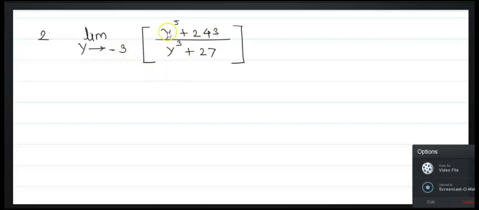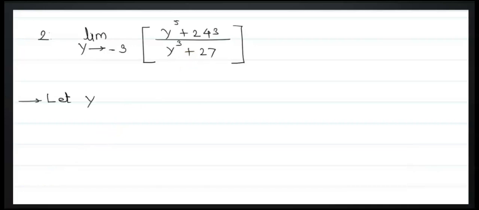For example, if we substitute y equals minus 3, minus 3 raised to 5 gives minus 243. Minus 243 plus 243 becomes 0 in the numerator, and the denominator becomes minus 27 plus 27. That is 0 upon 0. It is an indeterminate form. Therefore, we try to avoid this form. Then what to do here? We make an adjustment like this.